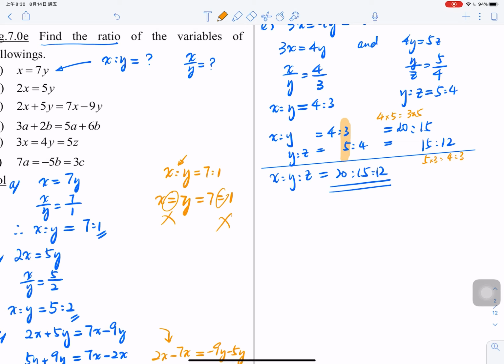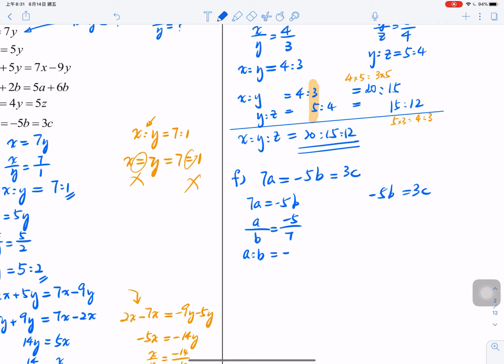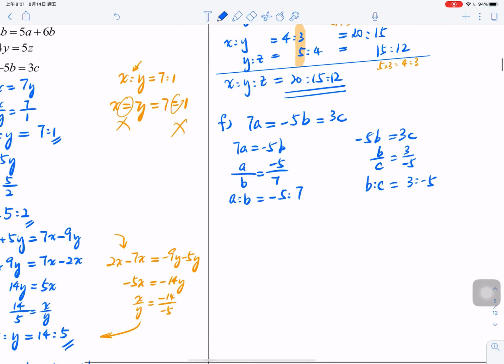Oh, F. 7a equals negative 5b equals 3c. Again. Let's try. A over b equals negative 5 over 7. Write a to b equals negative 5 to 7. B over c equals 3 over negative 5. So b to c equals 3 to negative 5. So use this method again.